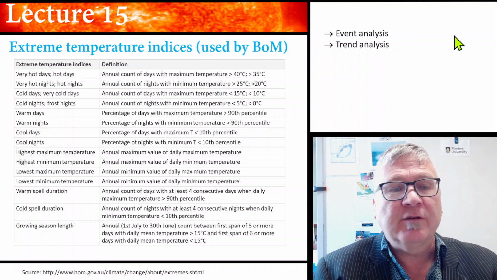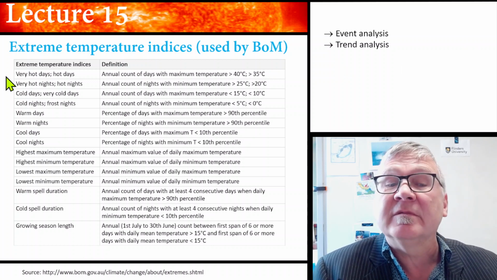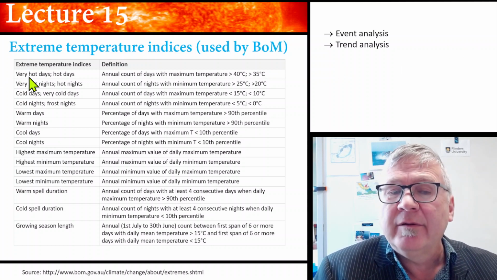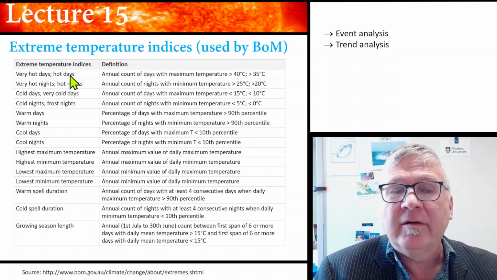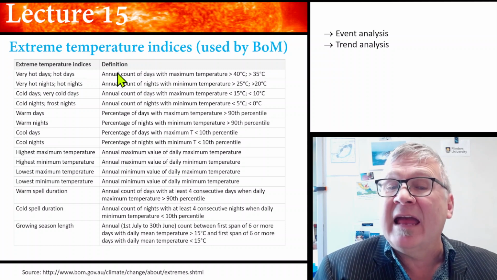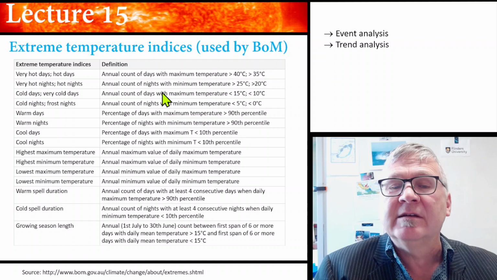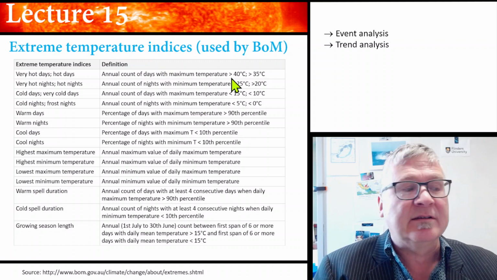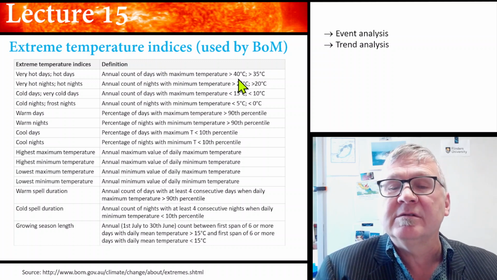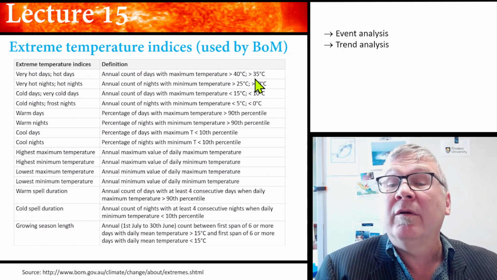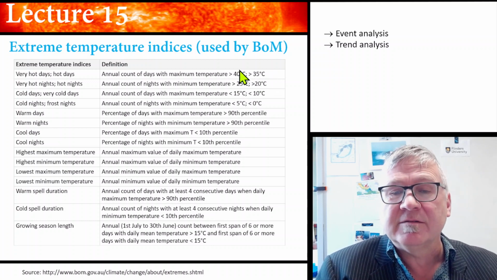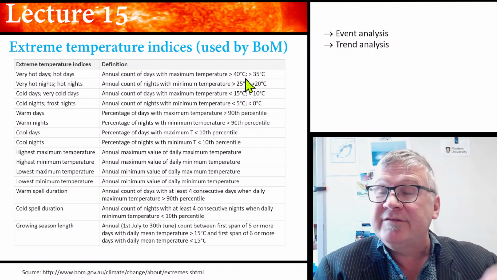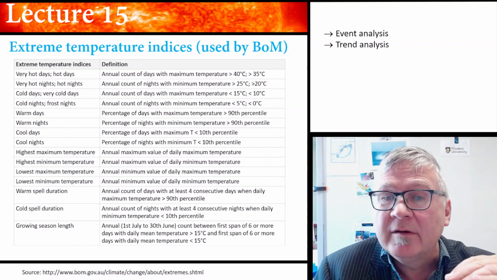For example, very hot days are defined as the annual count of days with maximum temperatures exceeding 40 degrees Celsius or 35 degrees Celsius. And these are absolutely robust definitions.